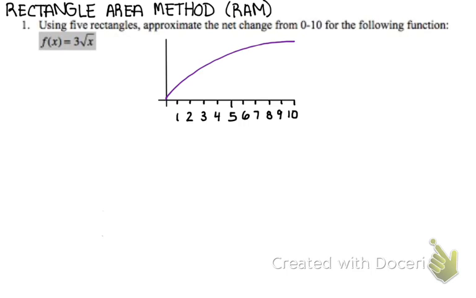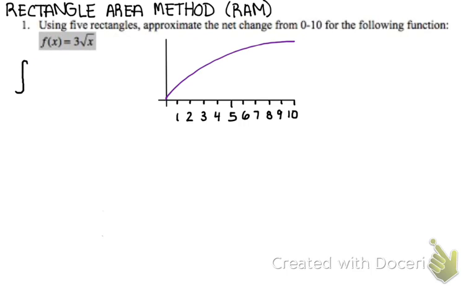And just to refresh our memory, we can write this as an integral because an integral is the same thing as a net change. An integral is that elongated S sign, and if you remember, at the bottom of the integral we put the number that we want to start at, and at the top we put the number we want to end at.